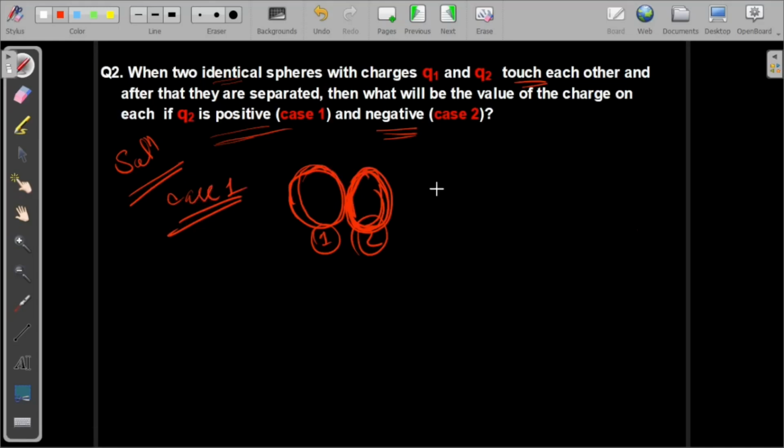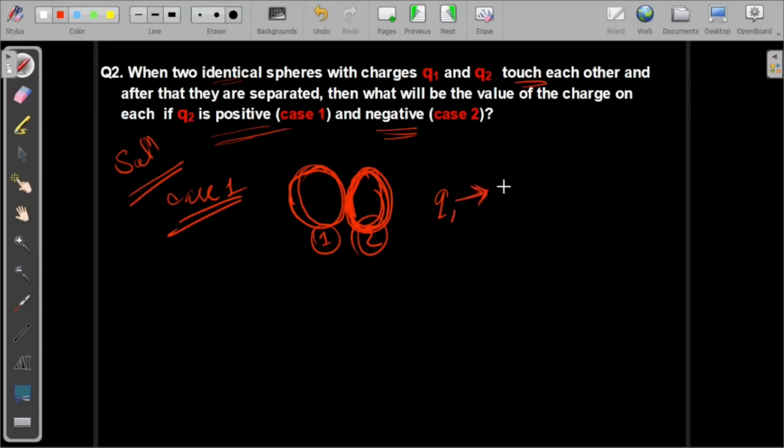In this case, q1 can be positive or it can be negative. Here two conditions are given. One, it is positive. You can take it as negative also, or positive also.